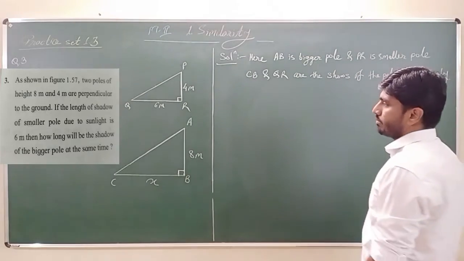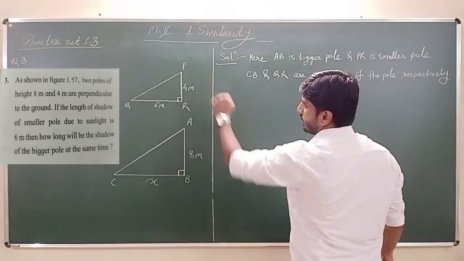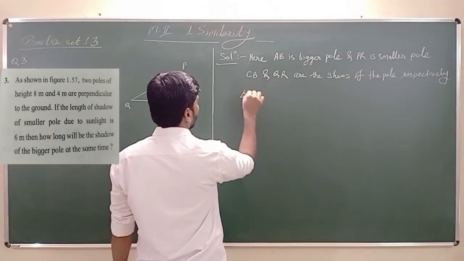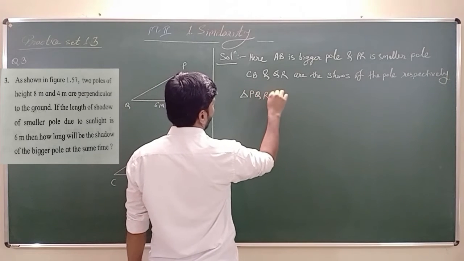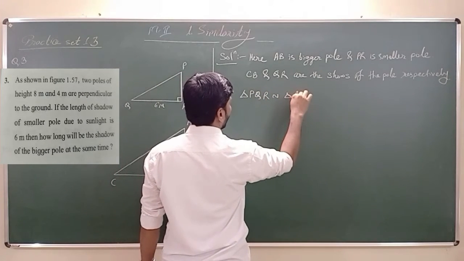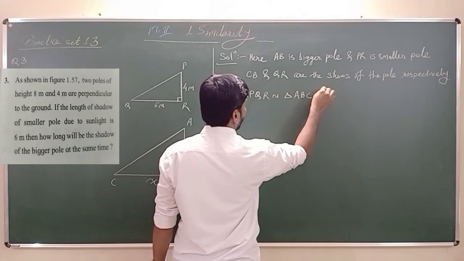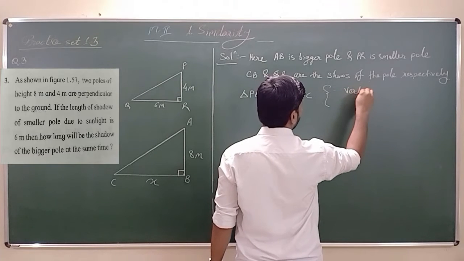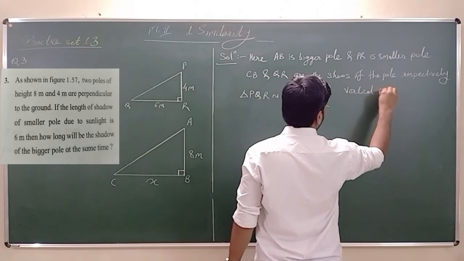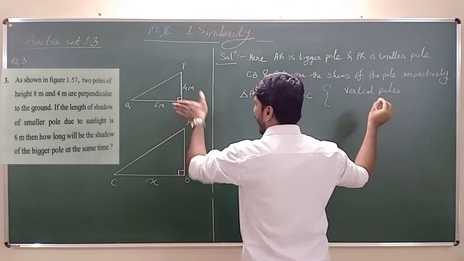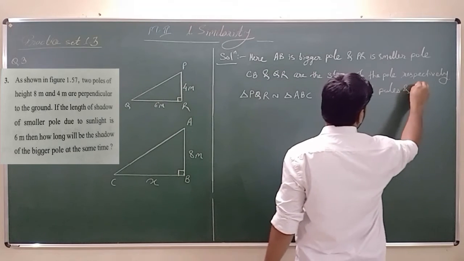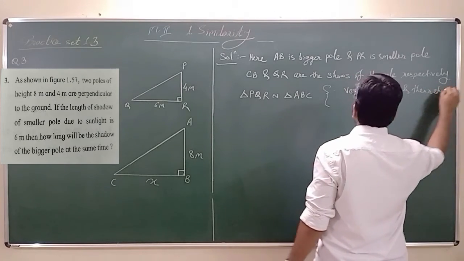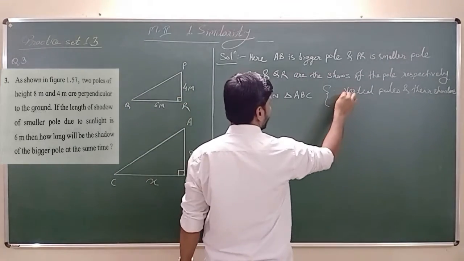Now we can say triangle PQR is similar to triangle ABC, since vertical poles and their shadows form a similar figure.